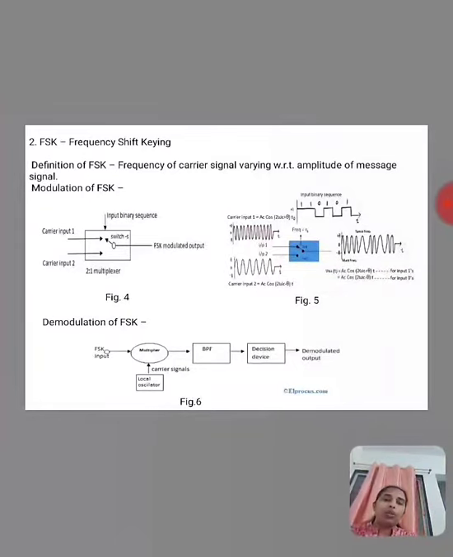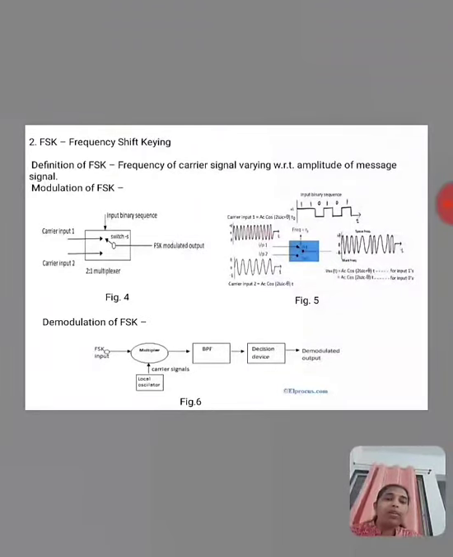Figure 2.5 shows the waveform of FSK. In this, input 1 is the high frequency carrier signal, input 2 is the low frequency carrier signal, and the switch is given the binary sequence 1 1 0 1 0 1.